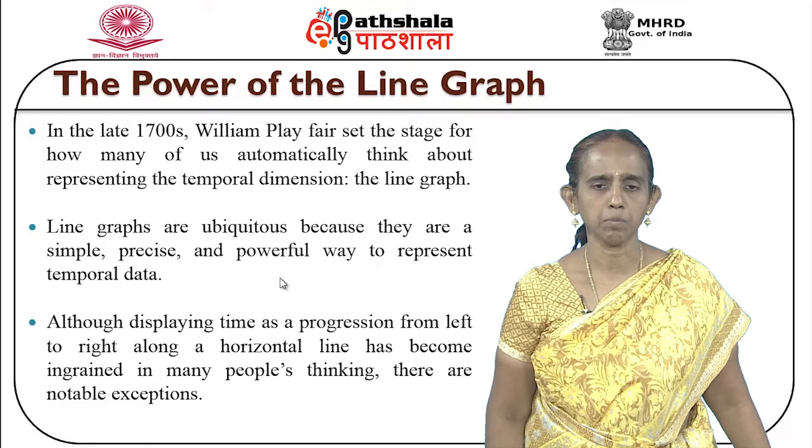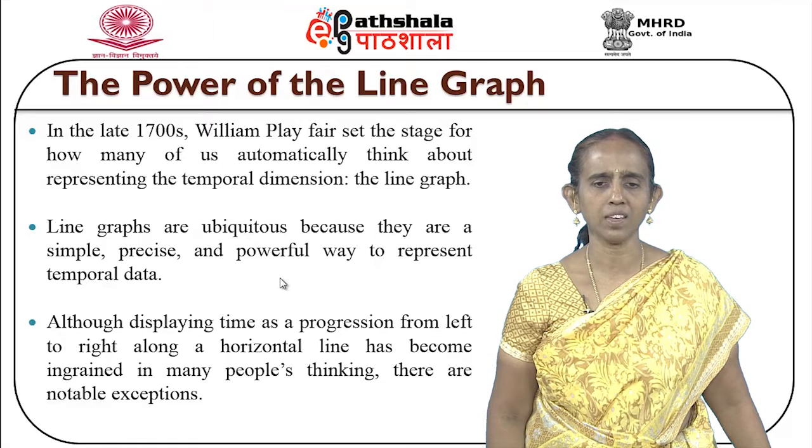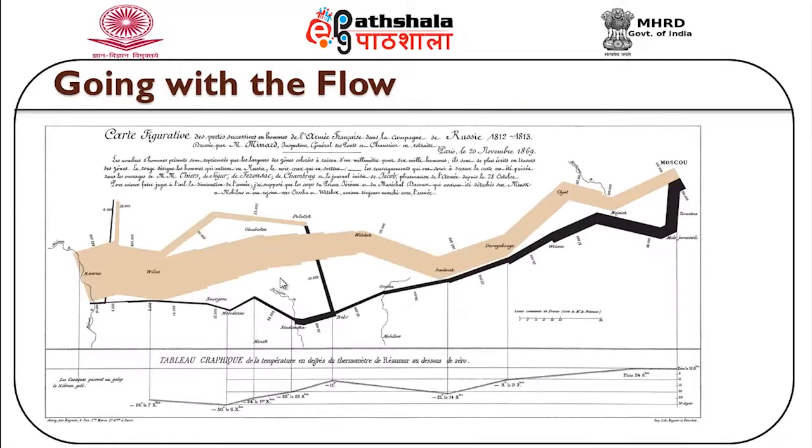Although displaying time as a progression from left to right along a horizontal line has become ingrained in many people's thinking, there are notable exceptions. If we look at the flow of time diagram, here we can see how time goes from the left hand side to the right hand side within some time period.